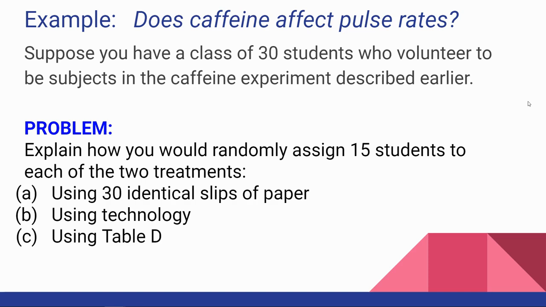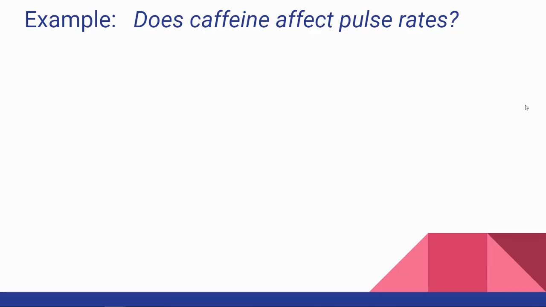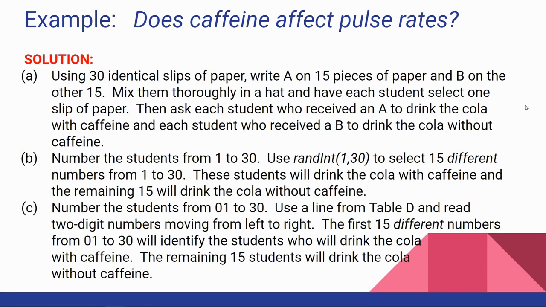We want to explain it using 30 identical slips of paper, using technology, and using Table D. I won't read this all out to you, but please note how detailed they are. Think of it this way: whenever you're doing these kinds of problems, you want to describe it in a way that someone else could repeat it. Try to write it in a way that maybe a third grader would be able to follow the steps.